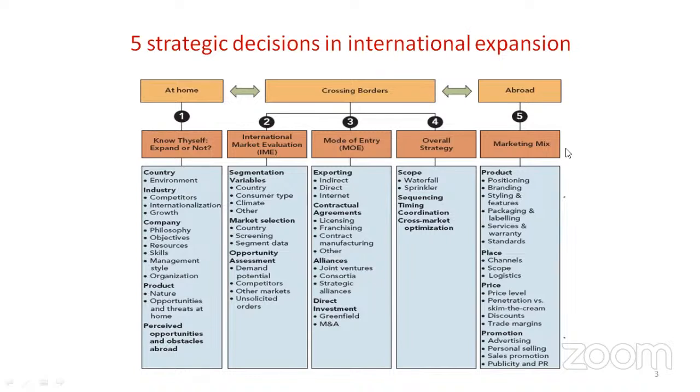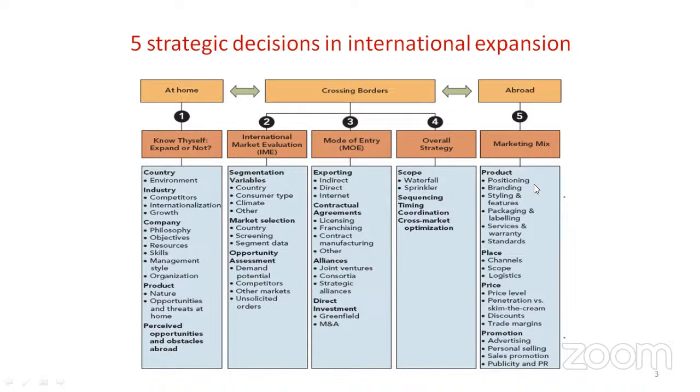Based on the countries, their culture, the consumer culture, environmental, climatic factors, economic factors, on all these bases he will do the segmentation, and then he goes for market selection.